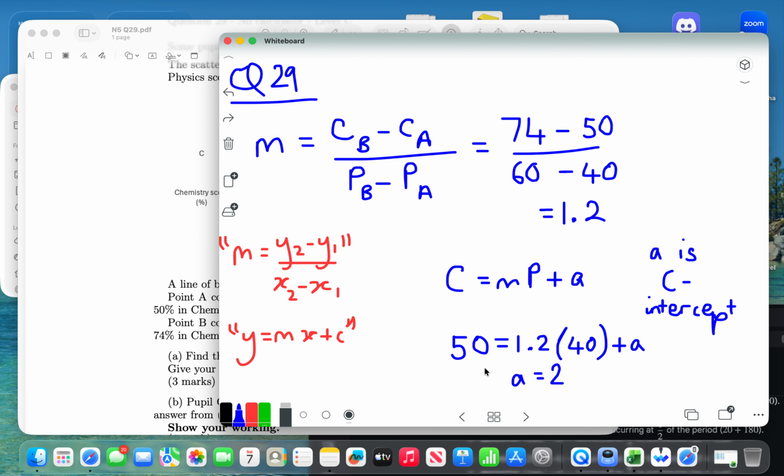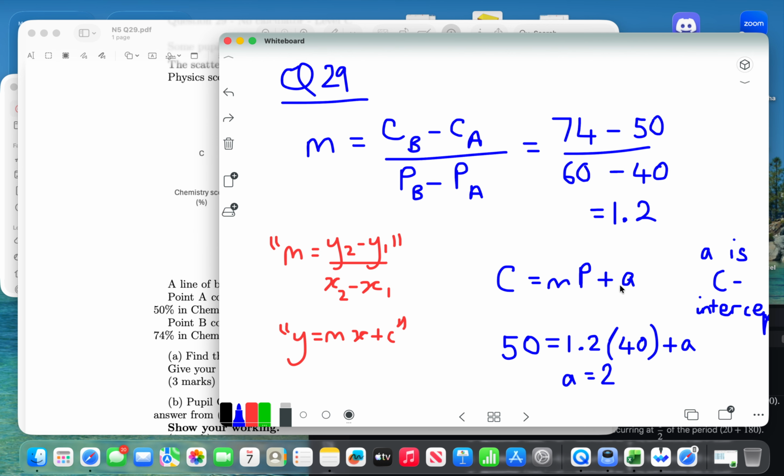So C equals mP plus A, and we can make that C equals 1.2P plus 2.